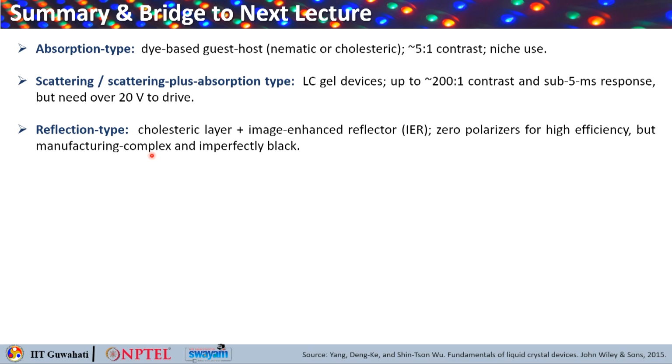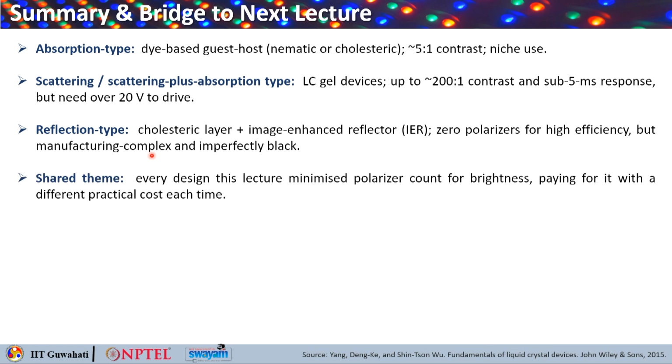And the reflection type allows a cholesteric layer plus image enhanced reflector, IER. Here you get no penalty from polarizers, since none are present, so they give you high brightness, but the manufacturing complexity is high, and you are also not getting a perfectly black pixel.